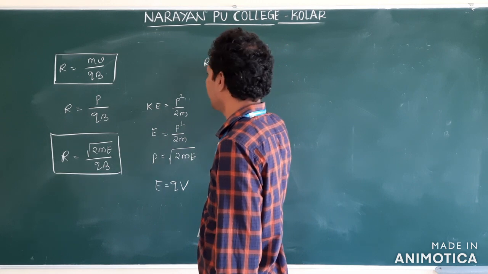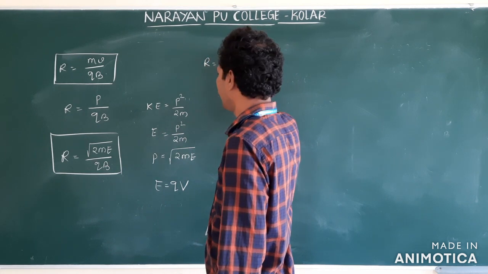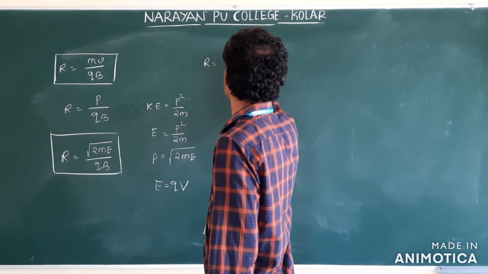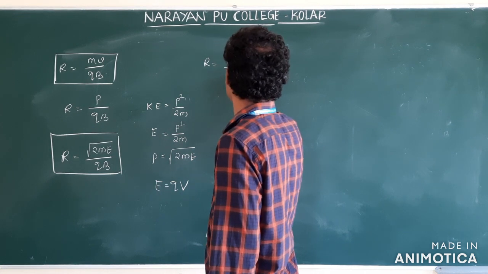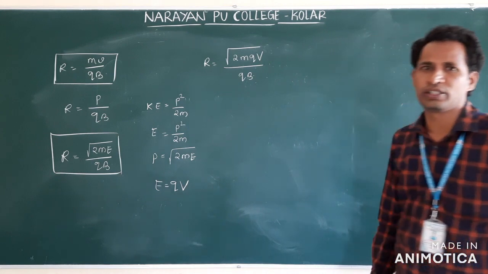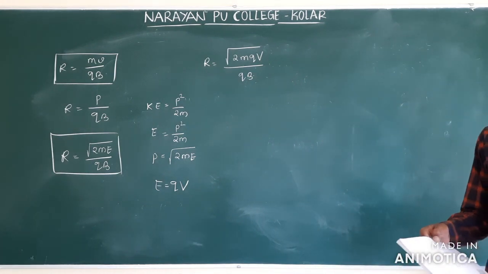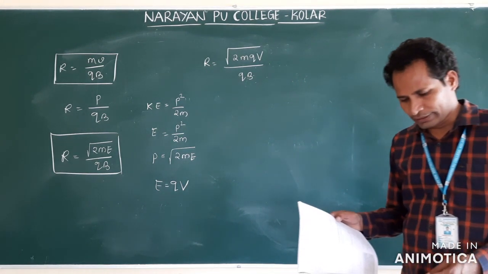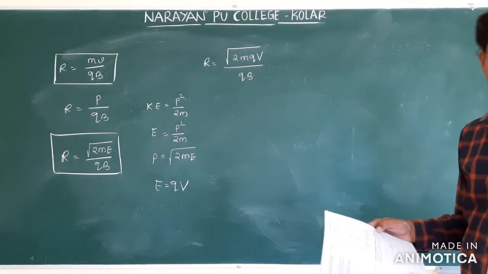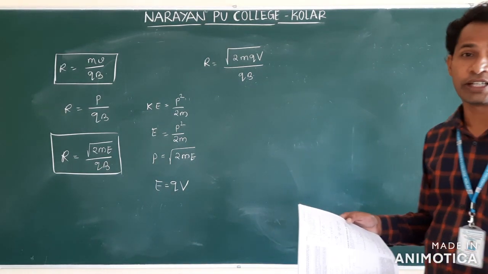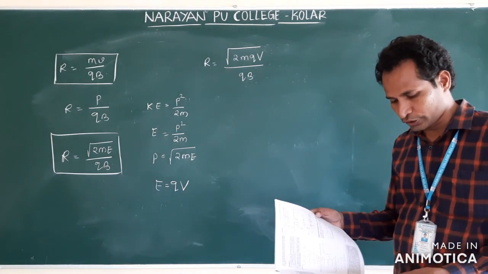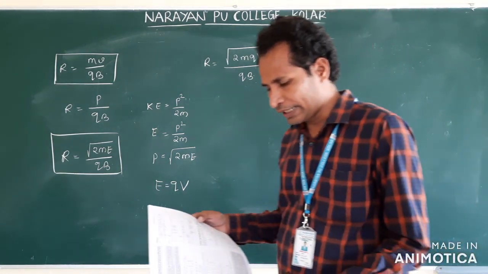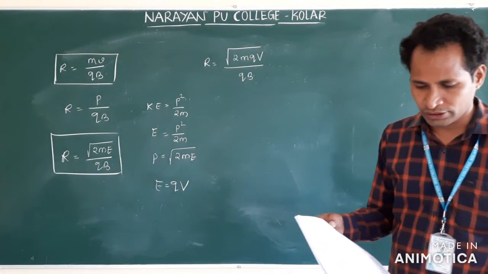Then R is equal to under root of 2mQV by QB. You can cancel, root Q will be cancelled. Next, the time period of the circular motion, we already got T is equal to 2 pi m by QB, and frequency is its reciprocal, QB by 2 pi m. Already I have given these formulas.